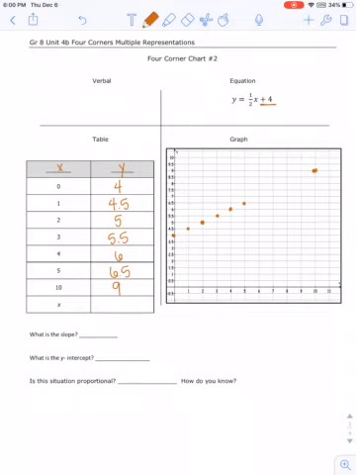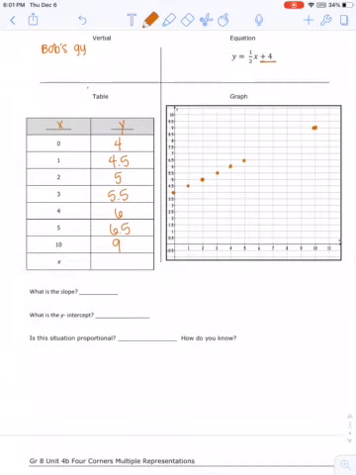And then your verbal situation must have a constant of 4. So maybe that's an entry fee, and then a constant rate of change, or a rate of change of 1/2 or 5/10. So I'm going to use, once again, the Bob situation. So Bob owns a gym, and he's doing it for the good of the community.